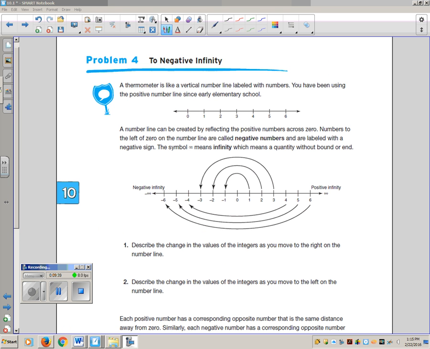Okay, one more problem. Another way to look at integers is with a regular number line. Here's 0. All numbers less than 0 are negative. All numbers to the right of 0 are positive.